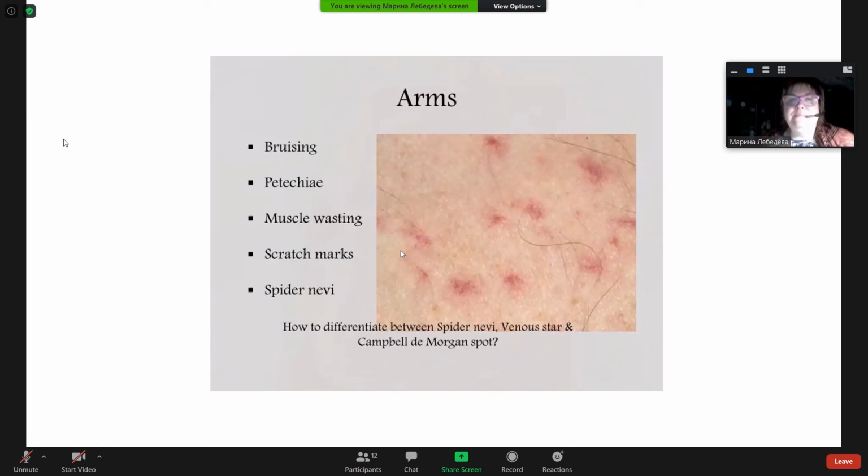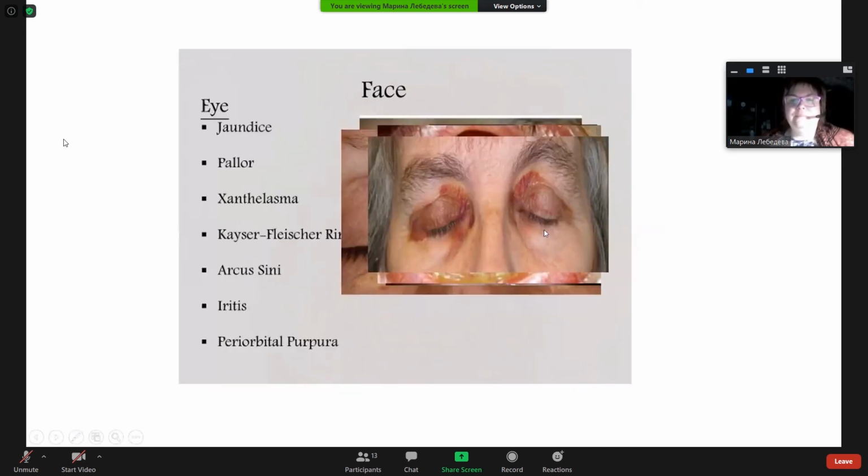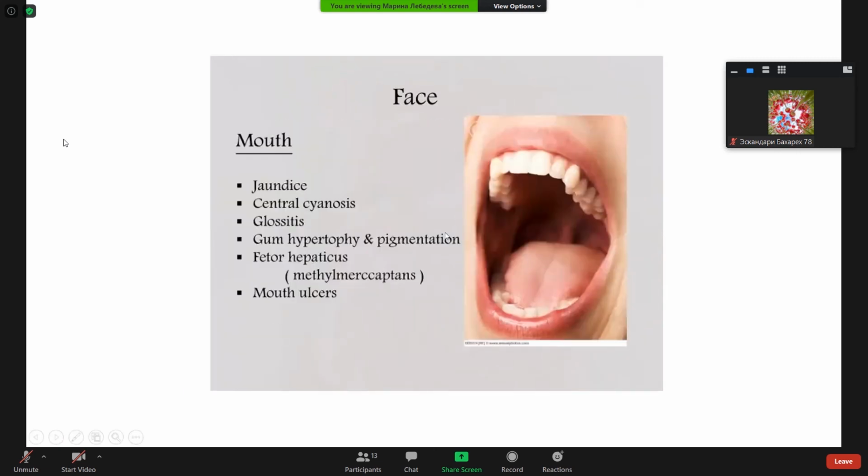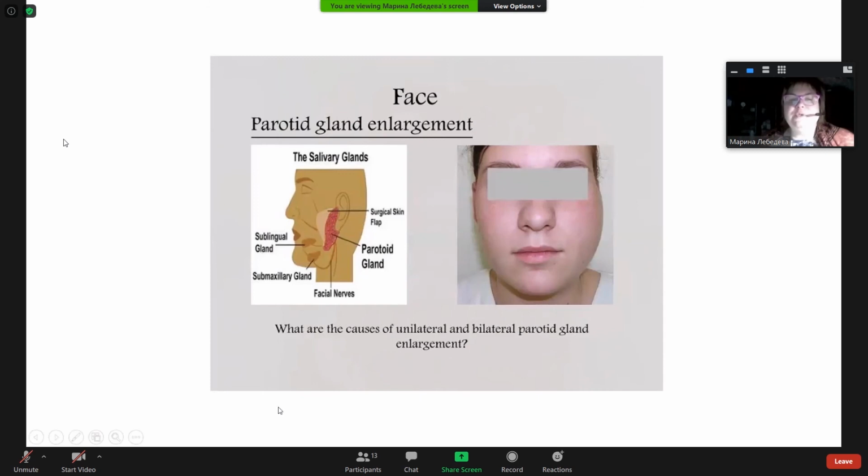Spider nevi. Xanthelasma. Enlargement of parotid gland.